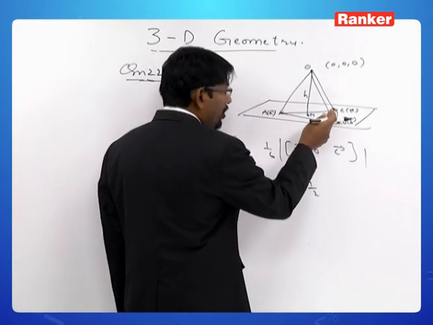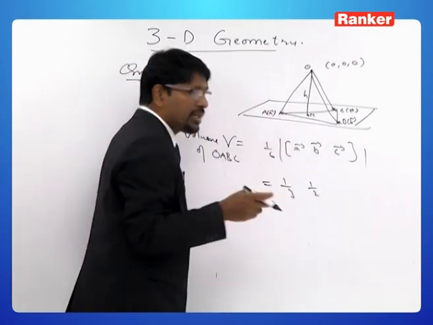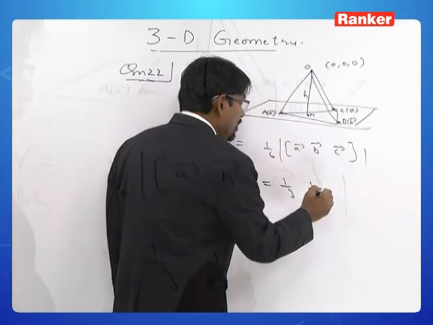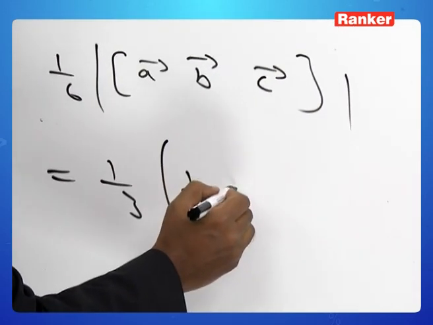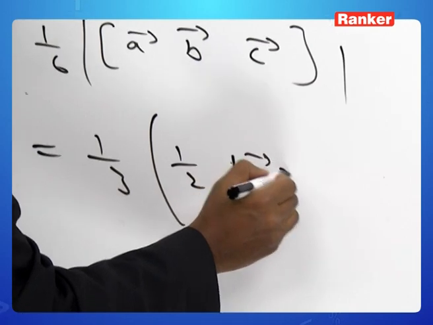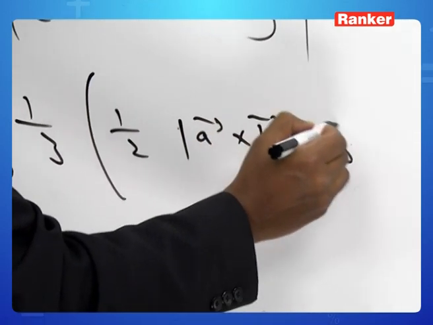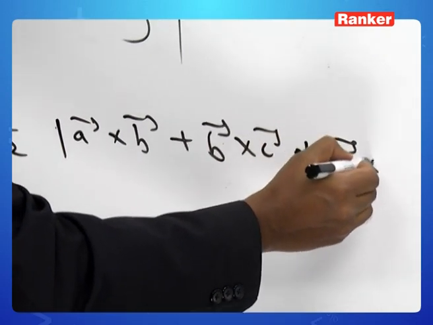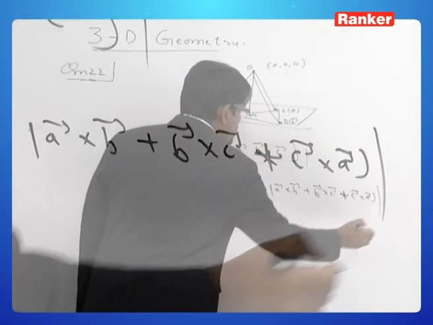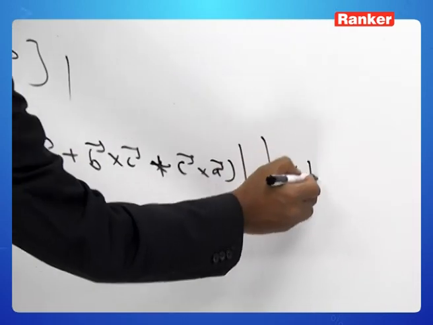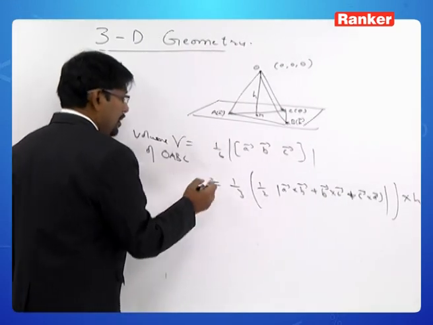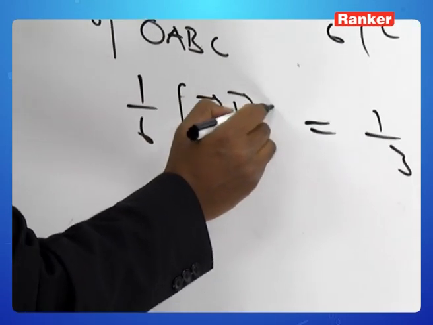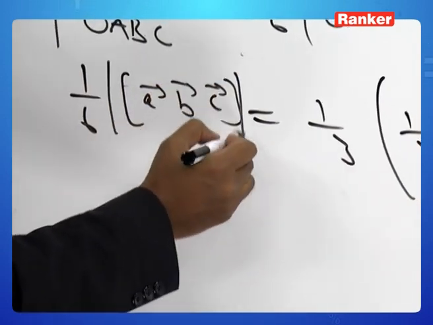We know that the area of the base with the vertices ABC is half of mod of A cross B plus B cross C plus C cross A. That is, this is half mod AB cross AC, into the height H. So this, 1/6 of box of ABC modulus, is equal to 1/6 of the other.